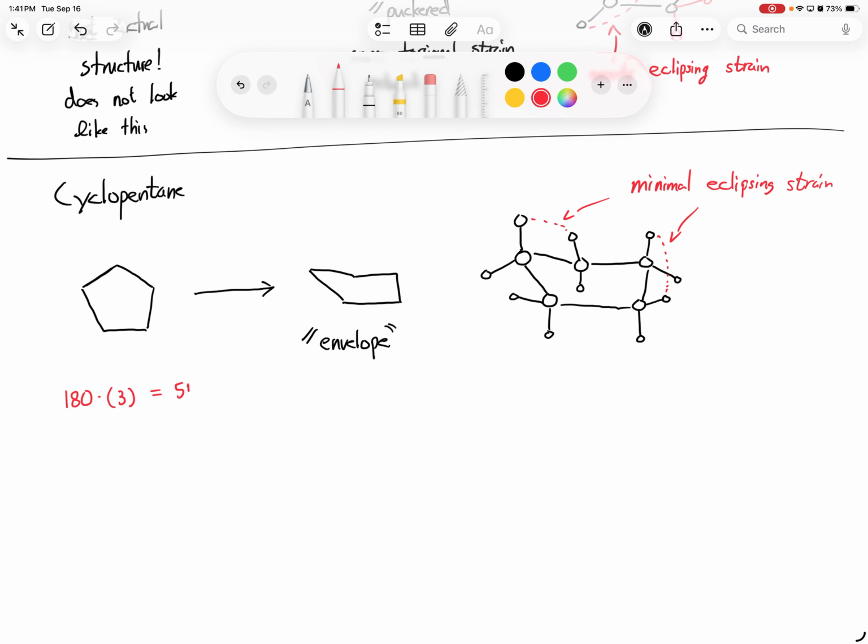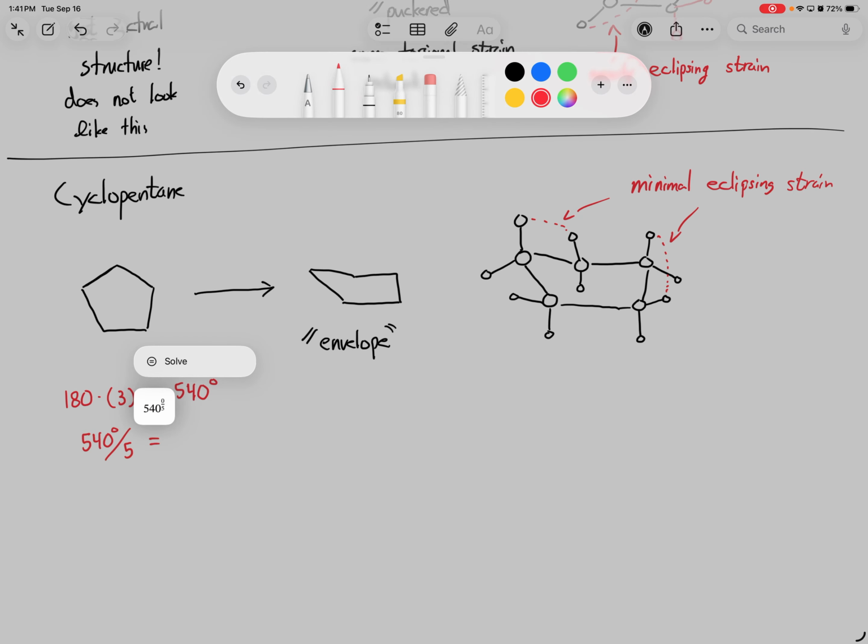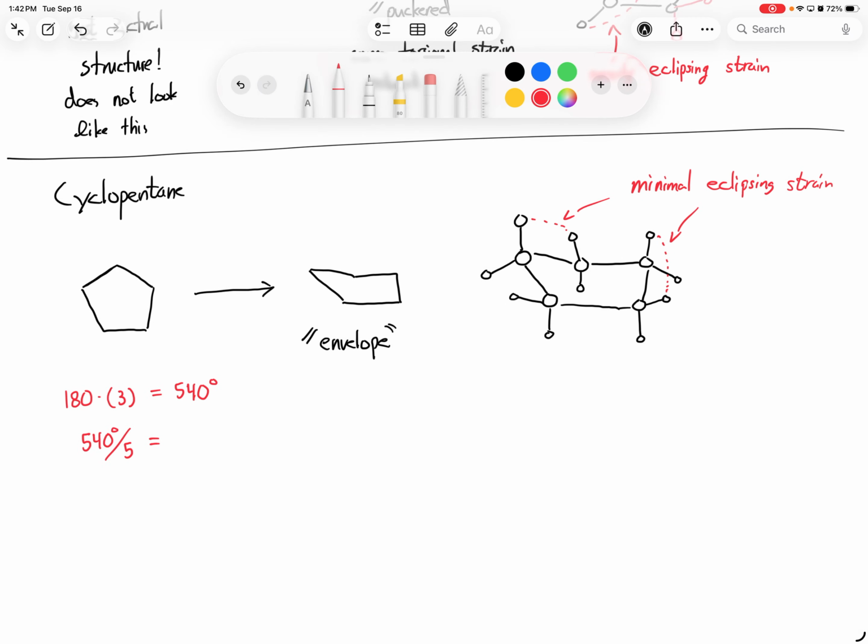And then if we do 540 degrees divided by 5, what do we get? 108. So it's 108, which is pretty close to 109.5. So not much bond angle strain.